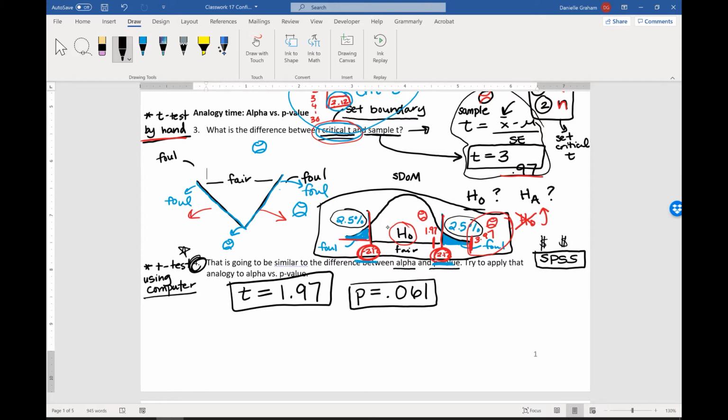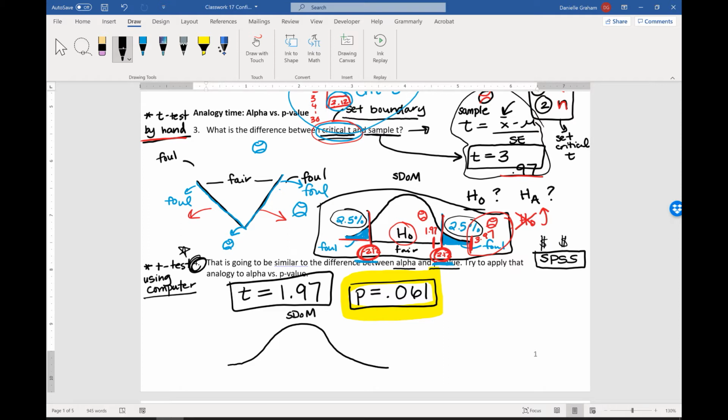When we're doing it using the computer, this is really where we want to focus. The p-value becomes more important for us when we're using the computer versus all this T versus T. So we're just going to extend this analogy. So we got our SDOM here.